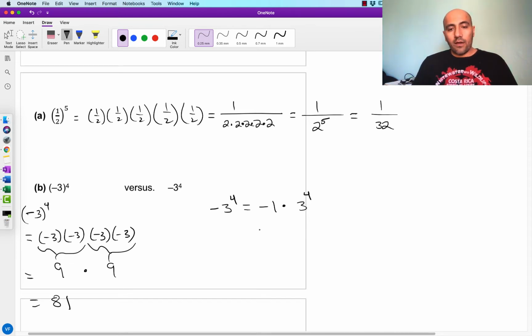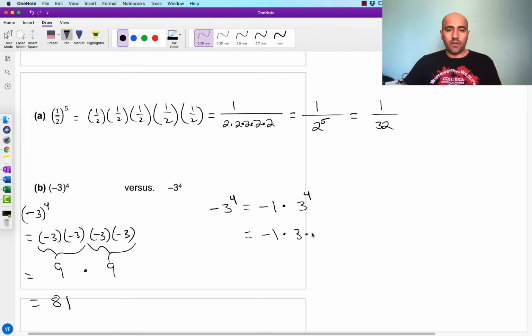So if we expand this, we'll have negative 1 times 3 times 3 times 3 times 3, 1, 2, 3, 4 of them. And once we multiply that all out, we end up with negative 81.